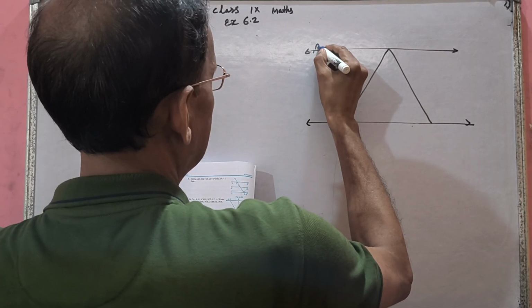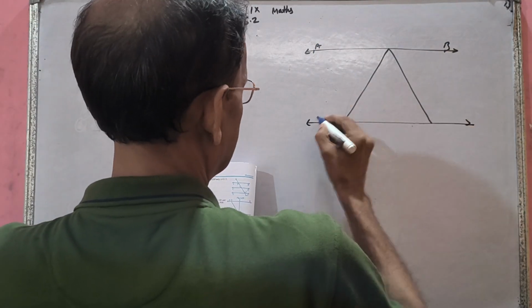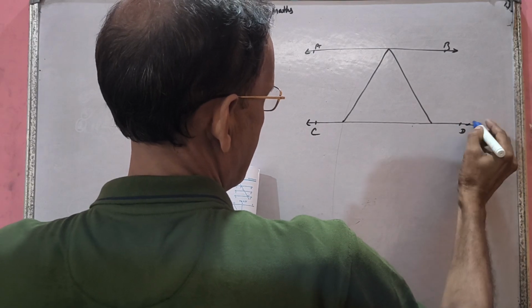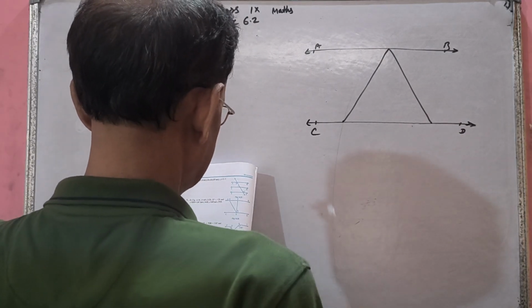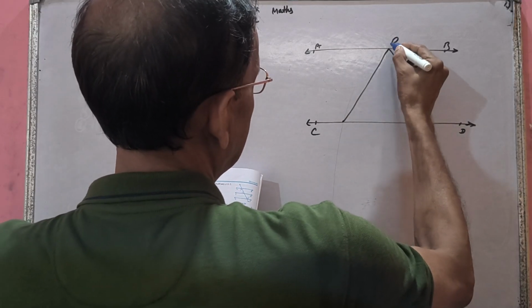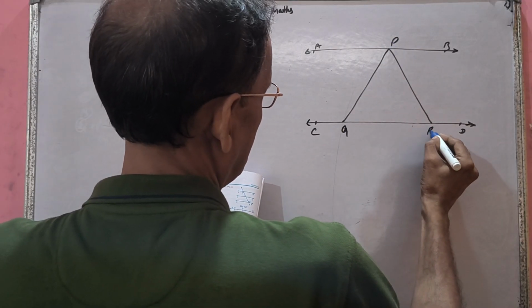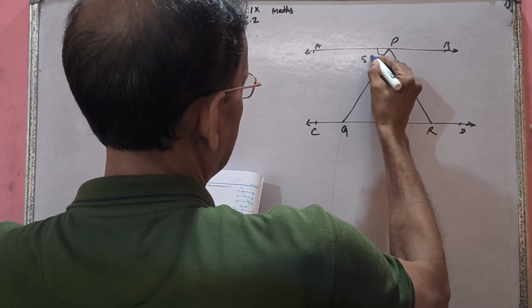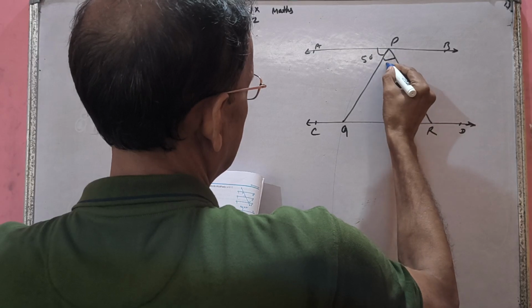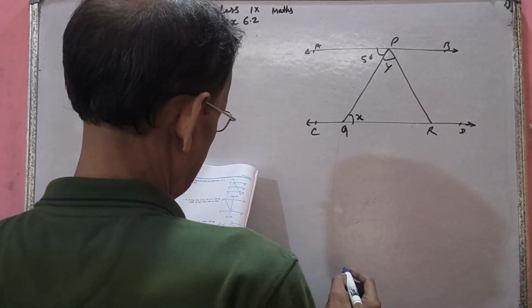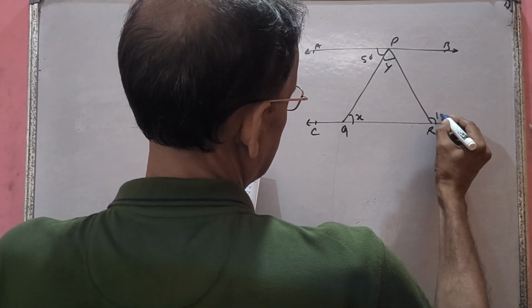This is AB, this is CD, this is PQR. This angle is given as 50 degrees. This angle they have named as Y. This is given as X, and this is given as 127 degrees.